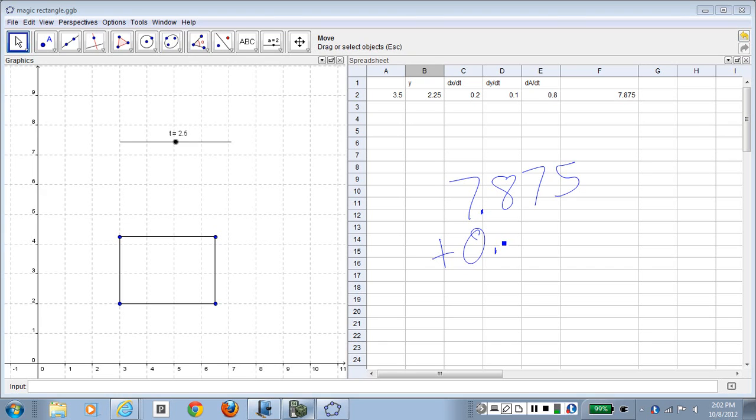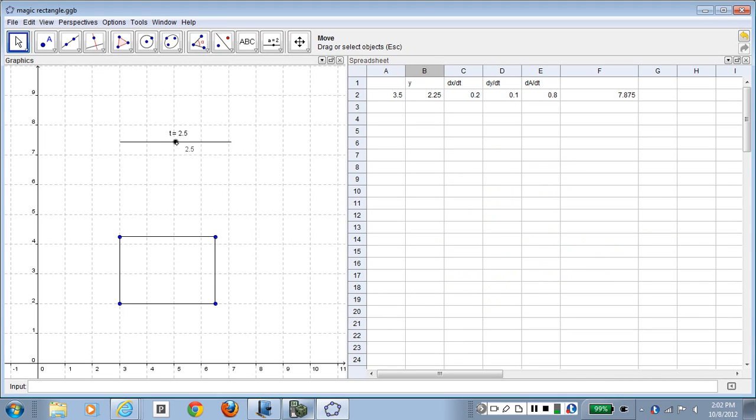We'll add what? Would that make sense? In 1/10 of a second? Did I do that right? 7.955? Okay, 1/10 of a second. There we go. So it's a pretty good predictor of what's going on there.